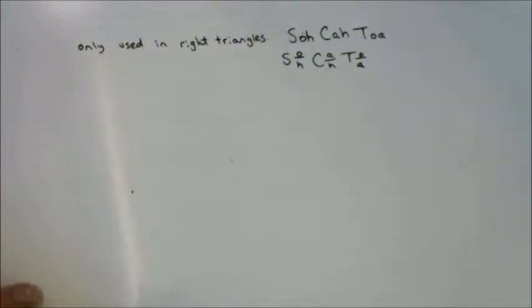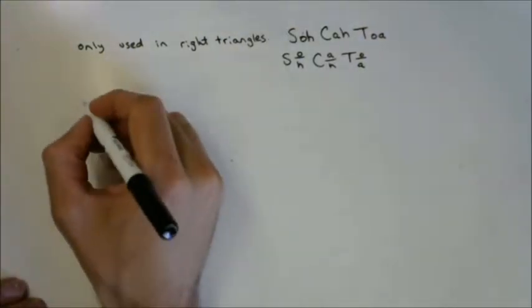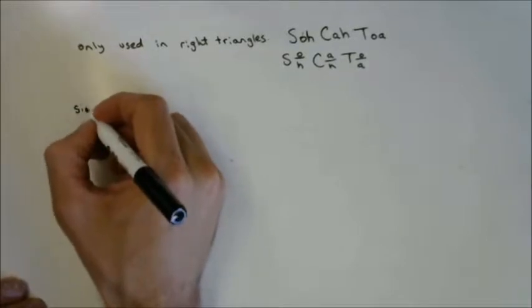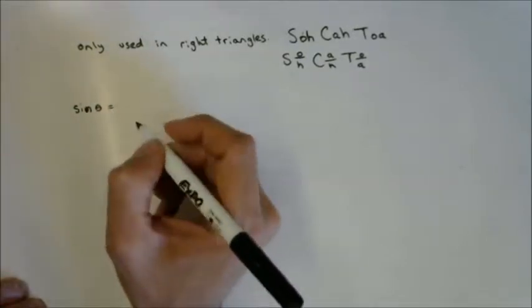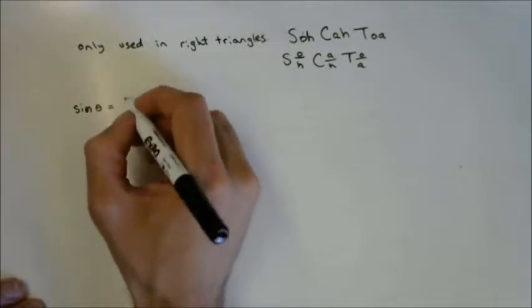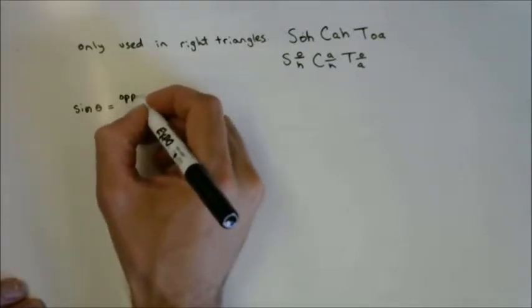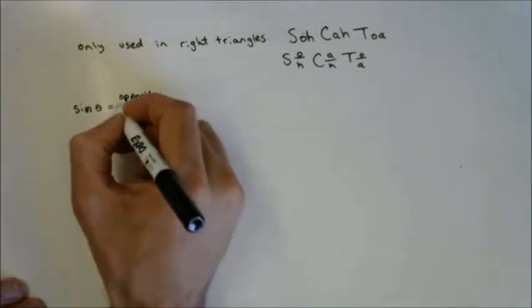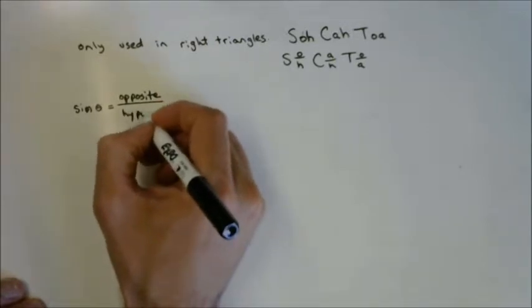And hopefully you have room there to record each one, what they actually mean. So the sine of an angle is equal to the ratio between the opposite side and the hypotenuse.